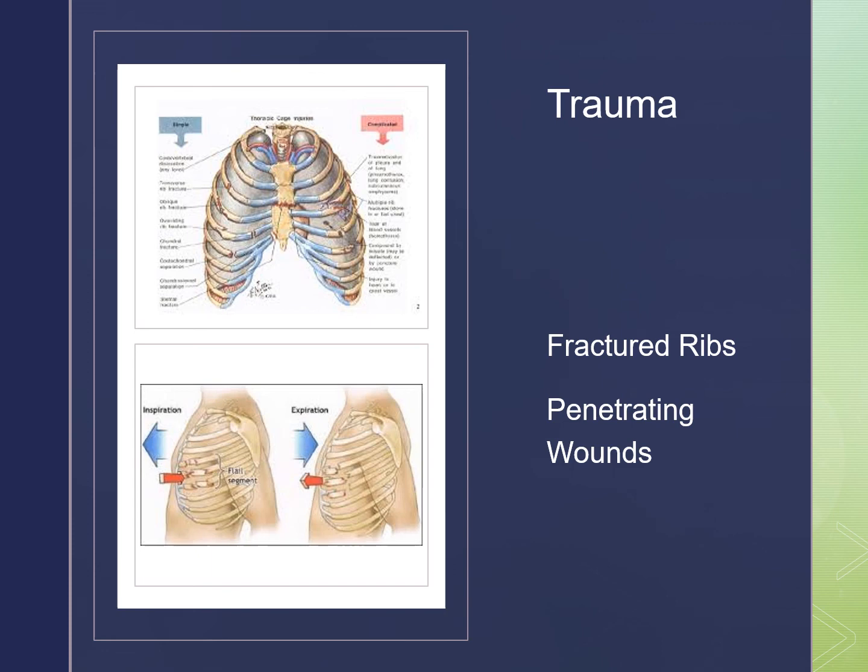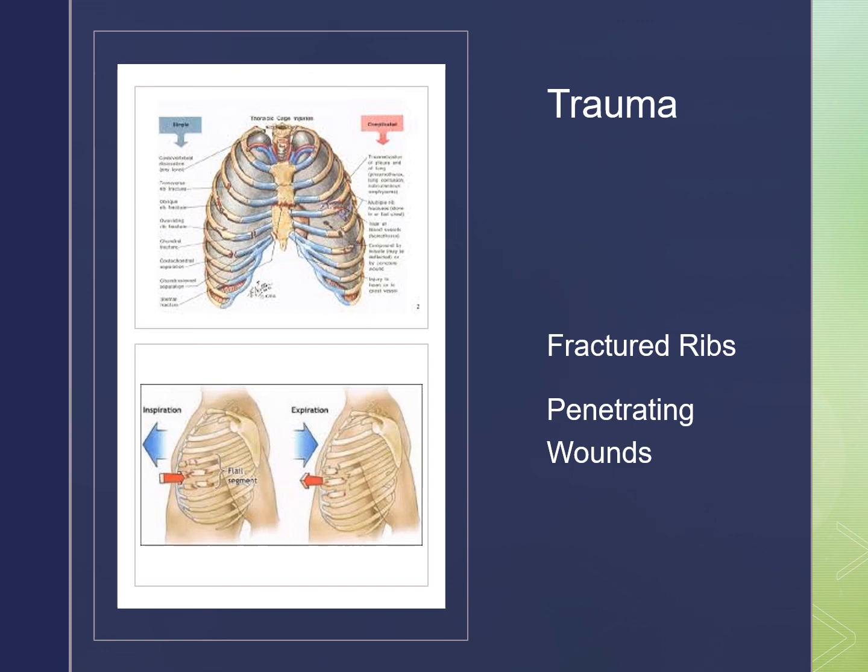So trauma, fractured ribs, usually a result of some kind of a trauma or accident. We may also see a flail chest, and with the flail chest, you kind of see that picture here in your slide where we have multiple breaks in the ribs, and basically they become completely separated from the rib cage.